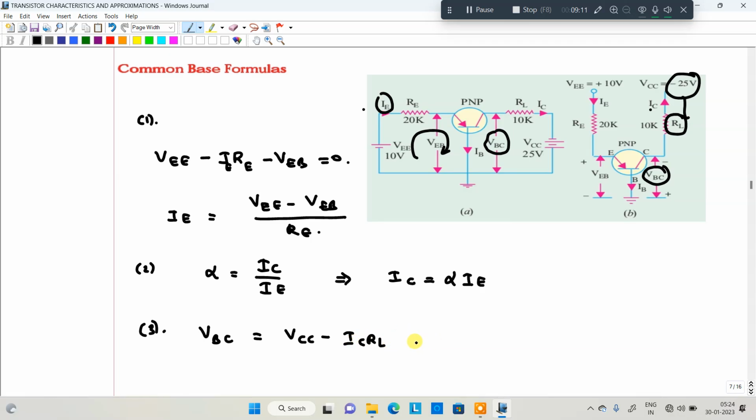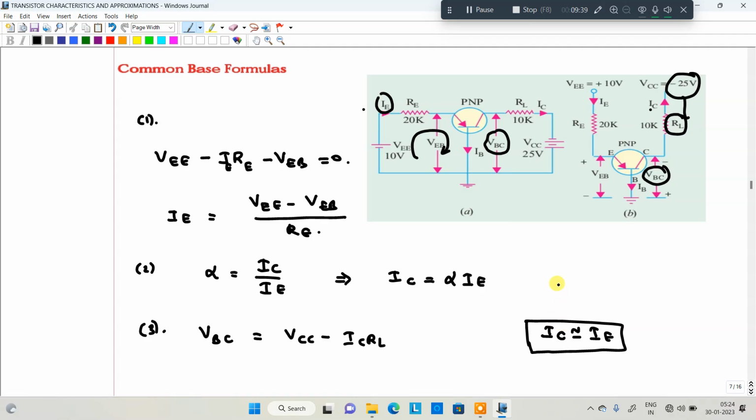Okay, IC is approximately equivalent to IE. In some cases, if they mention IC approximately equal to IE, it is mentioned intentionally in the problem. Okay, neglecting the particular cases. This is about the common base formulas. Everyone is clear about the common base formulas?